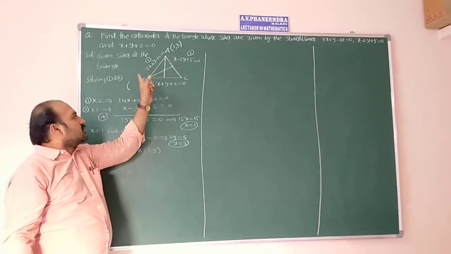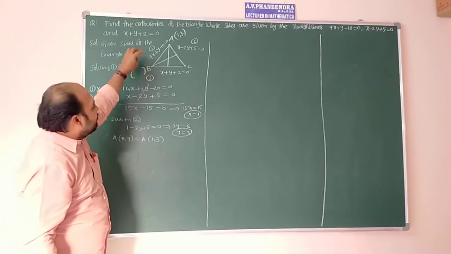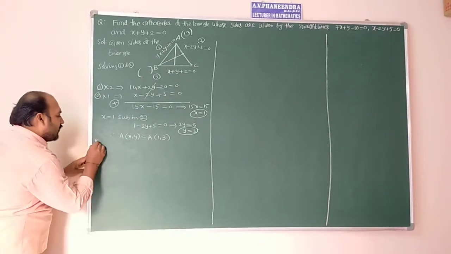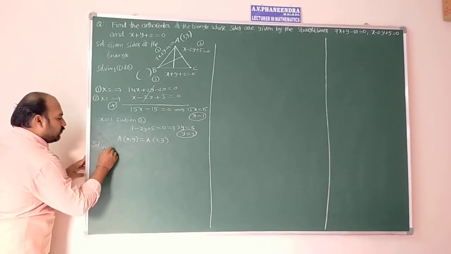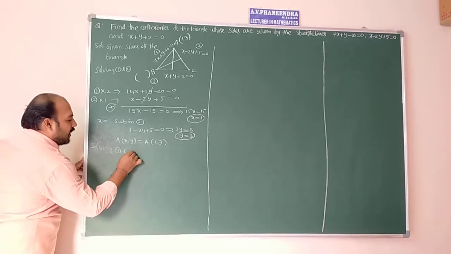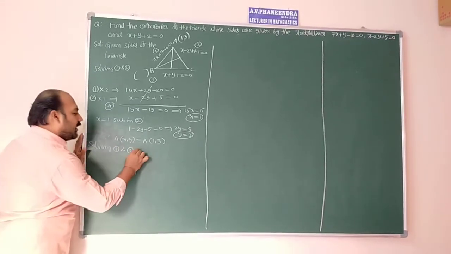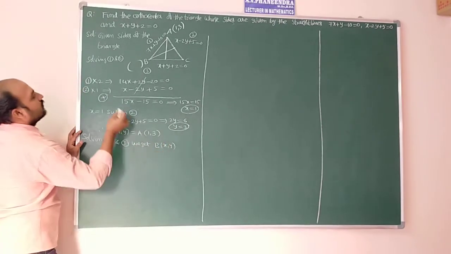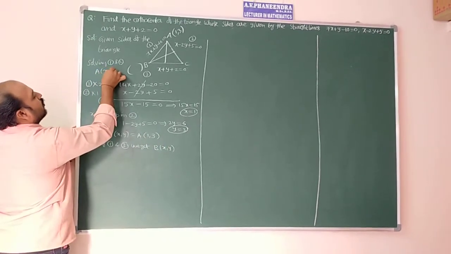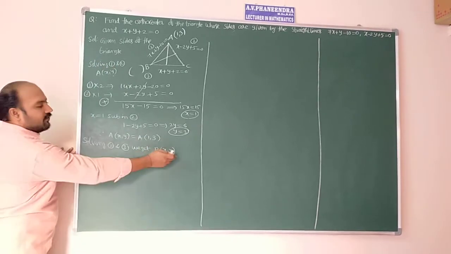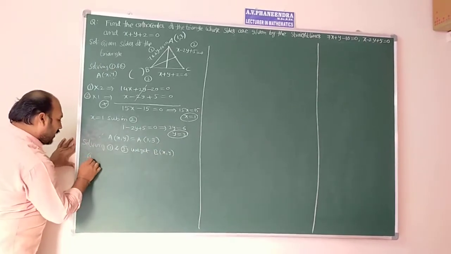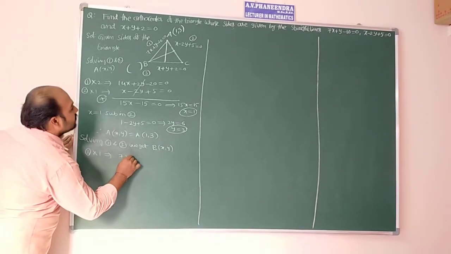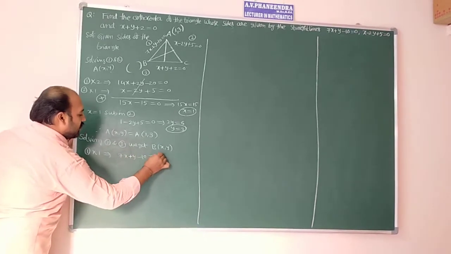B is obtained by solving 1 and 3. In the first equation and third equation, here y is there, here also y is there. Solving 1 and 3, we get B of x comma y. Equation 1 into 1: 7x plus y minus 10 equal to 0.